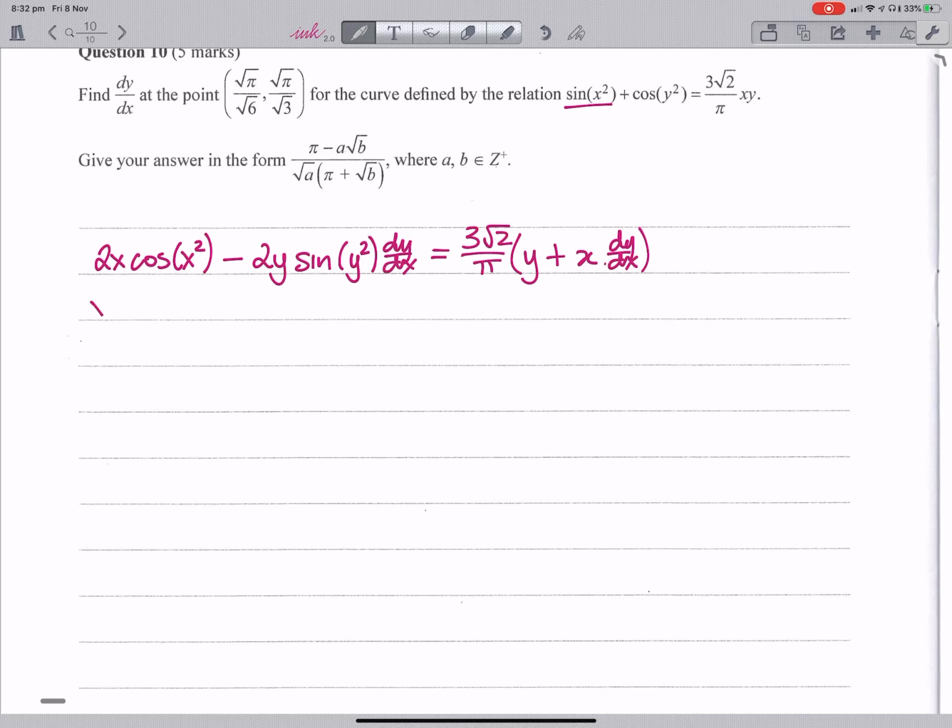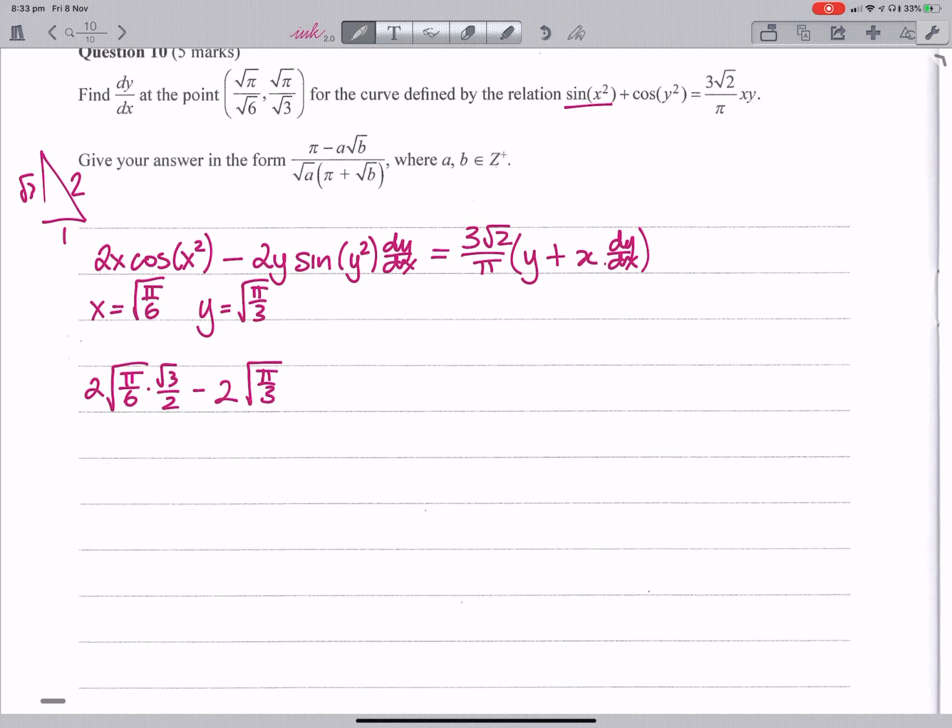Okay, so x equals root pi on 6, y equals root pi on 3, so 2 root pi on 6 cos of pi on 6 is root 3 on 2, so times root 3 on 2 minus 2 root pi on 3.